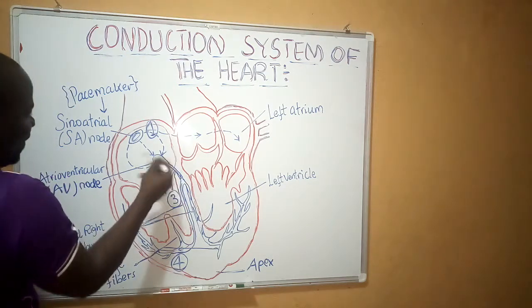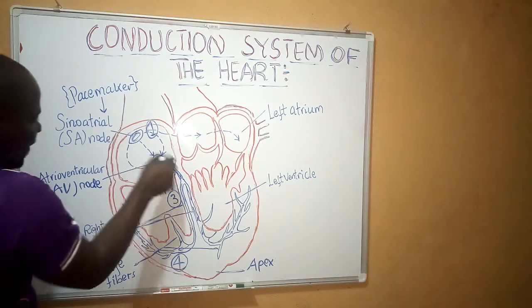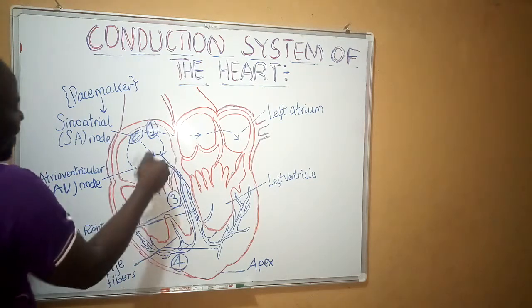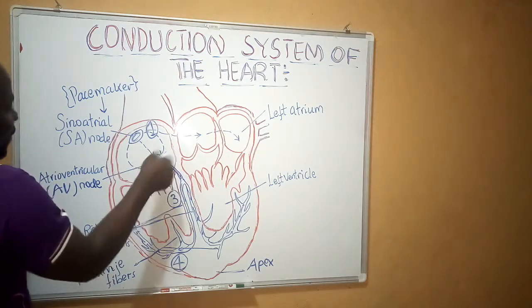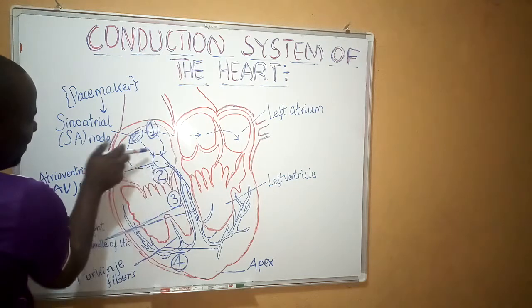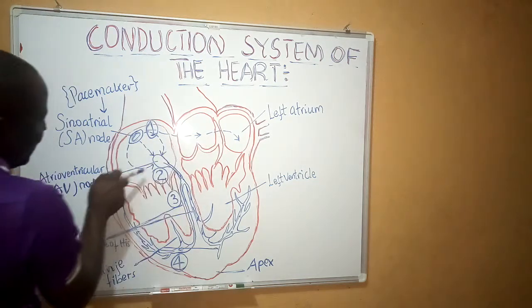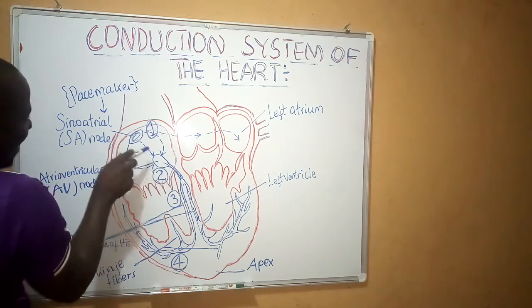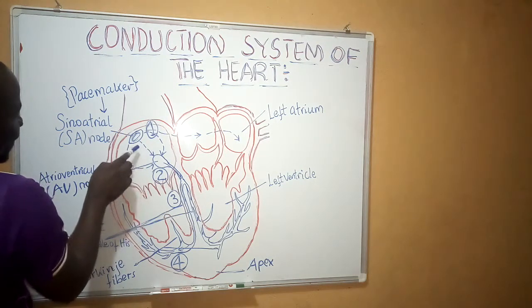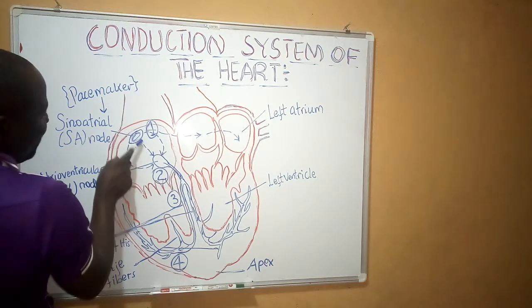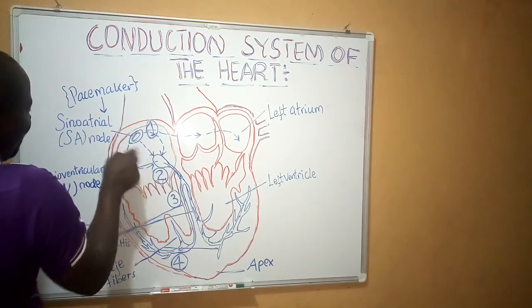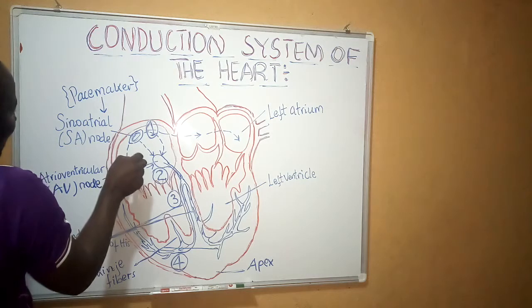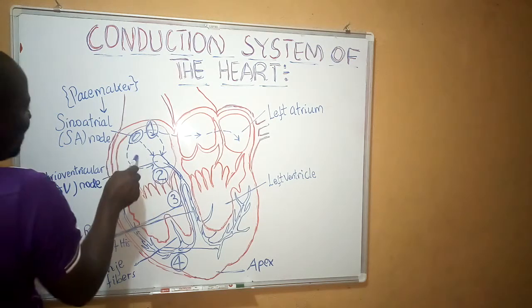Those gap junctions allow the spread of the action potential from the sinoatrial node, which is located at the right atrium.